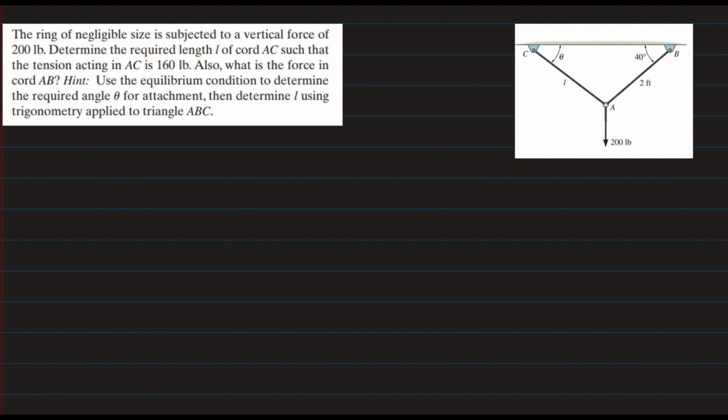triangle ABC. So the first thing that we have to do is to draw a free body diagram. So we have a set of axes with a center point at A. That's X, and then we have a Y, and then we have force AB, and then we have force AC, and then we have the force acting downwards, which is the 200 pounds weight.